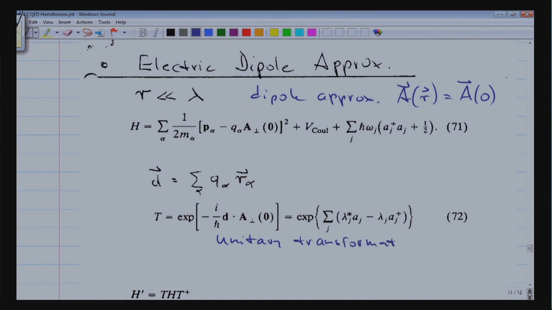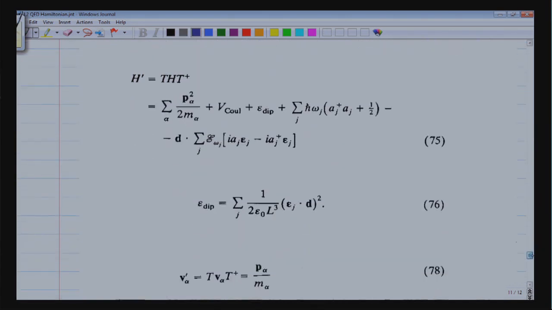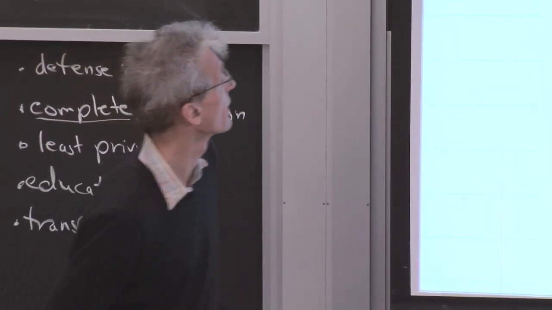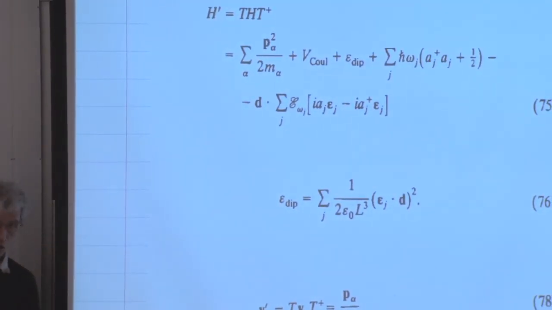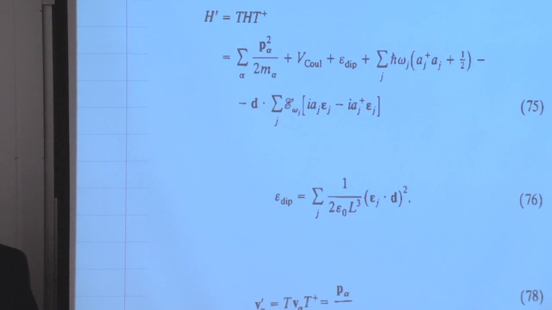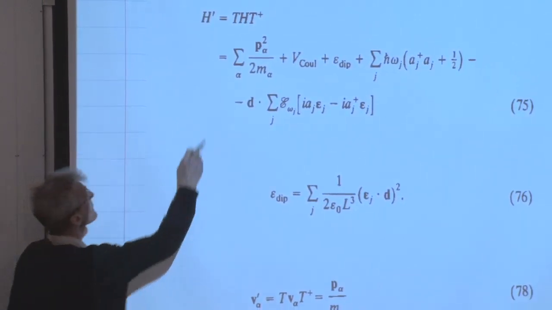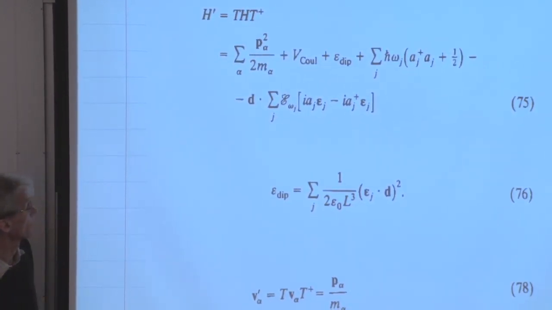And we transform from the original Hamiltonian, which includes the P dot A term and the A square term, to a transformed Hamiltonian H prime.